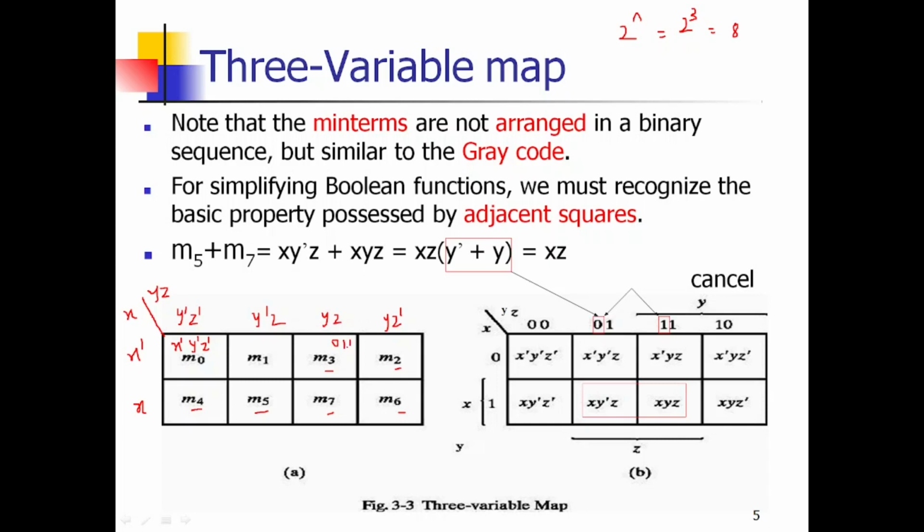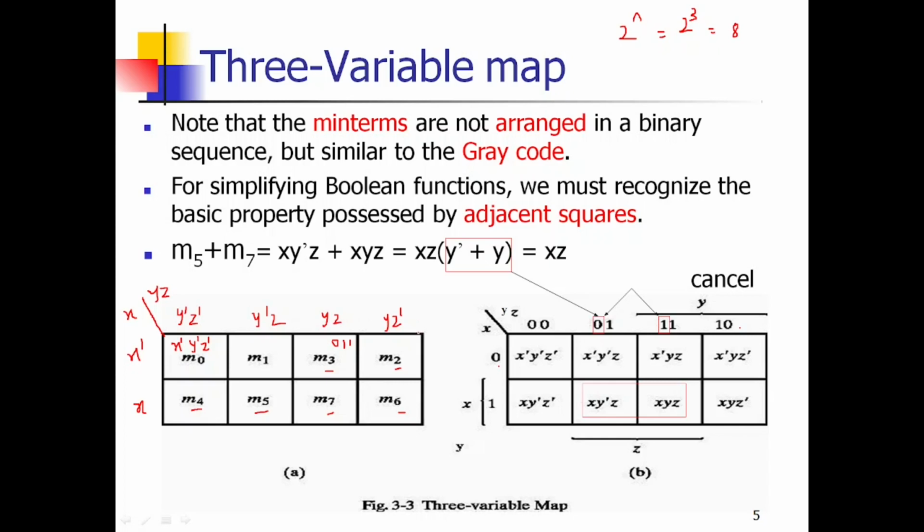You can represent either with variables or with binary values. And m2 is x dash y z dash, that is 0 1 0. And m4 is x y dash z dash, m5 is x y dash z, m7 is x y z, m6 is x y z dash.